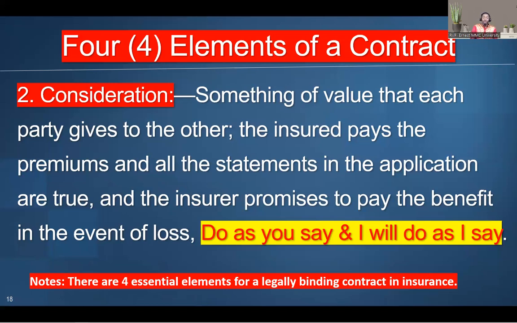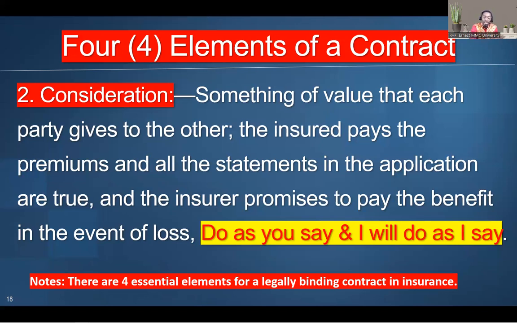And sometimes people have a confusion between the consideration clause and the insuring clause. The consideration also sits inside of the insuring clause, because they promise also to pay the death benefit upon receipt of proof that the person passed away.